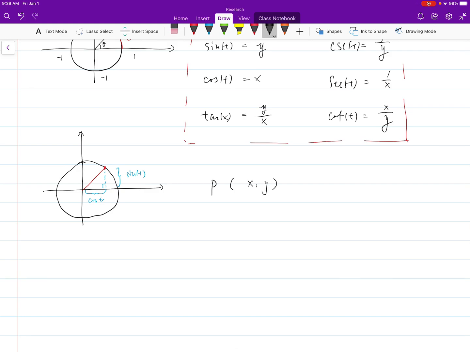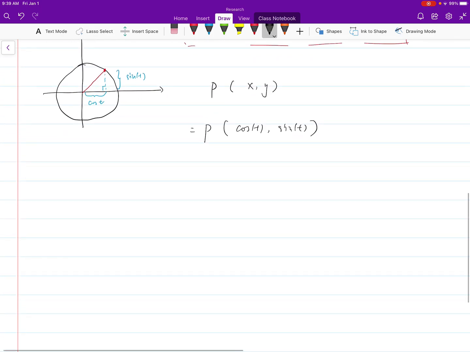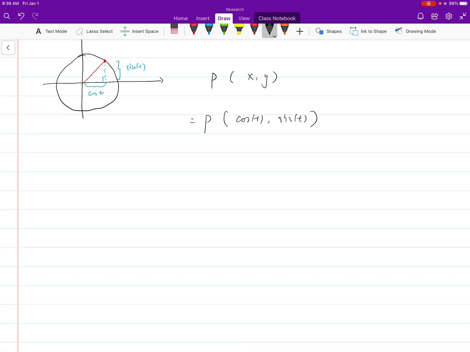Okay, so together, it's very easy to see then the point P is going to be given by x, y, which is nothing but P cosine t and sine t. So if you know the cosine and sine, you will know where the point is. Meanwhile, if you know the point, you will know what the cosine and sine is. Okay.